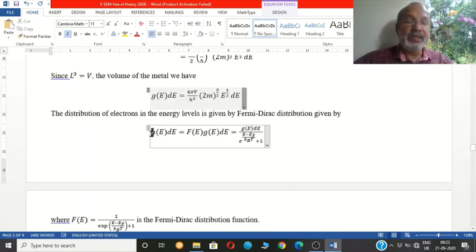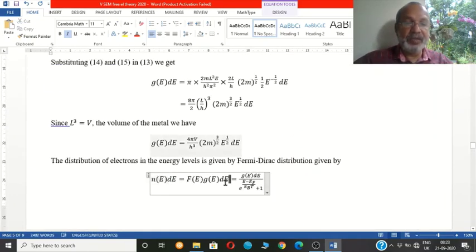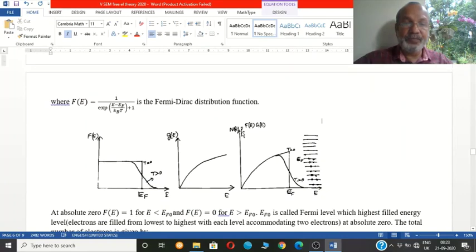Now we come to the graph of N(E), the number of electrons per unit energy range. If you cancel dE on both sides, N(E) will be F(E) into G(E). Above absolute zero, the nature of the F(E) function will be like this.